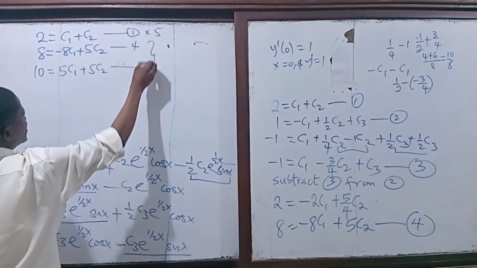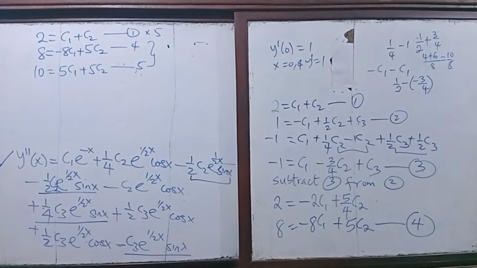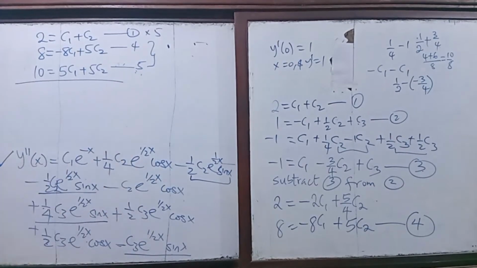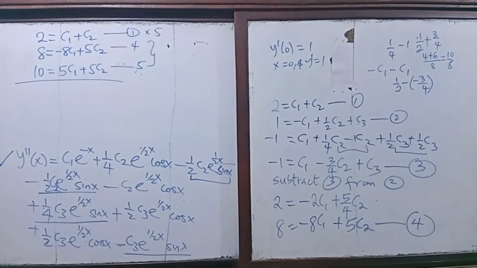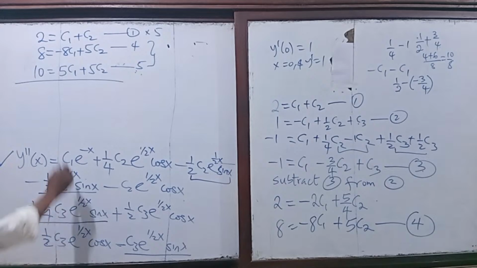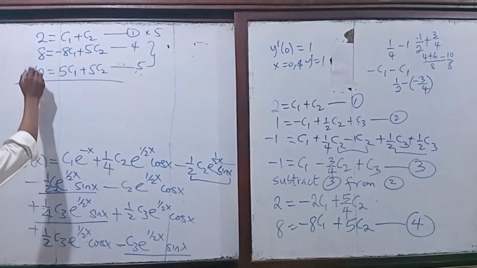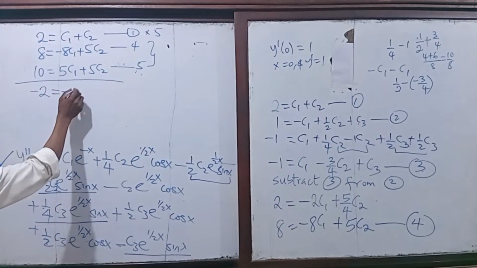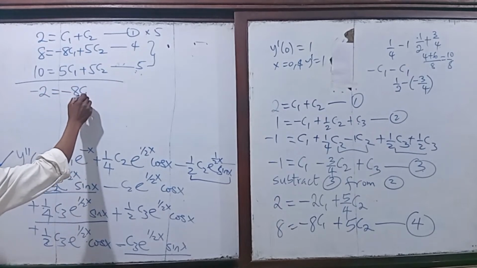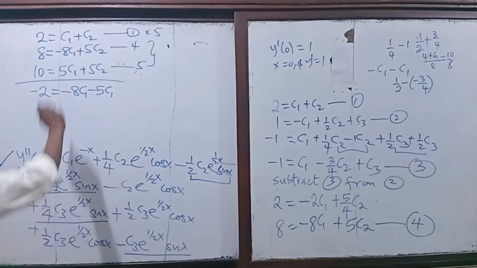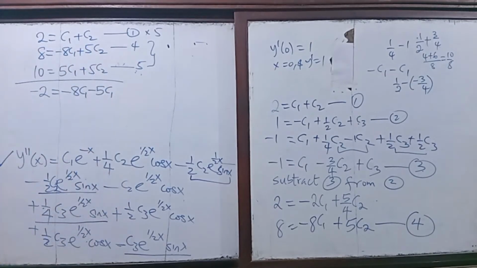So now combine equation 4 and 5 together by subtracting. Subtract equation 4 minus 5. That will be minus 2 equal to minus 8C1 minus 5C1. 5 minus 5 cancel.